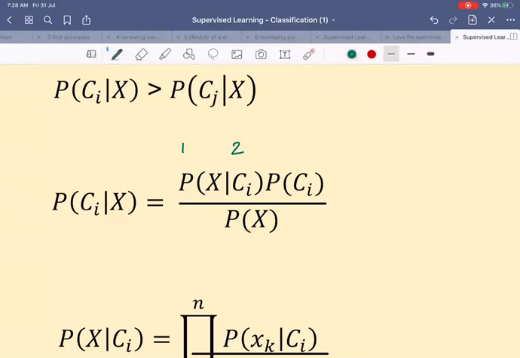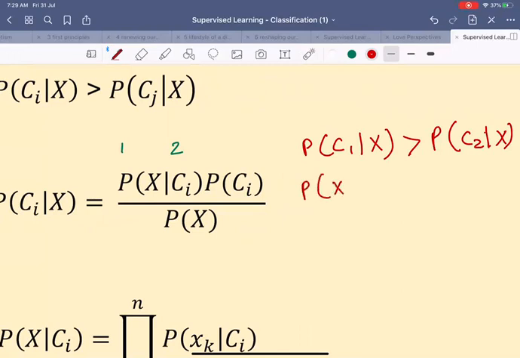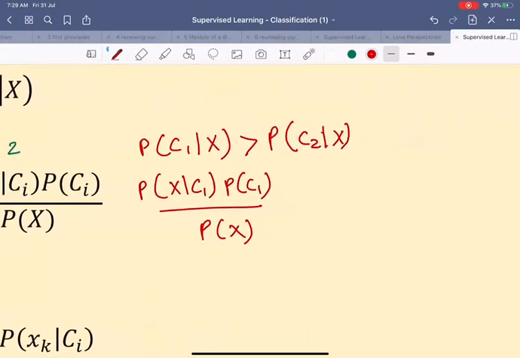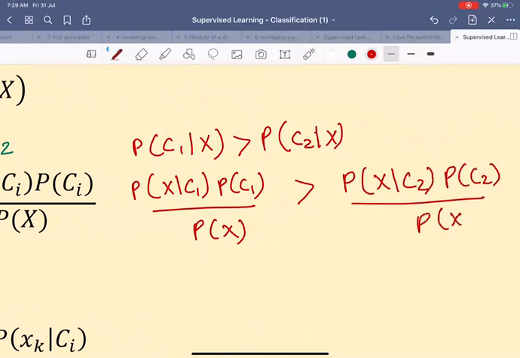So since we have to evaluate this, let me write it out in such a way. We have to evaluate if probability of class C1 given X is greater than probability of class C2 given X. Or in other terms, we have to evaluate probability of X given C1 multiplied by probability of C1 divided by probability of X, and check if this is greater than probability of X given C2 multiplied by probability of C2 divided by probability of X. Okay.